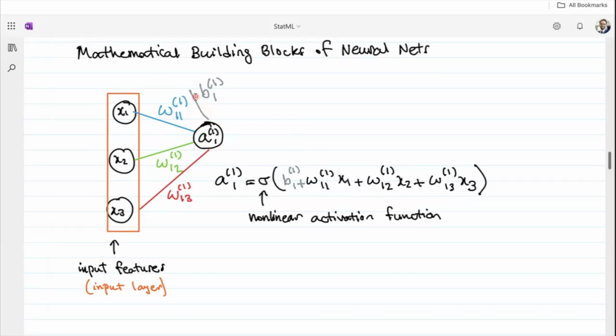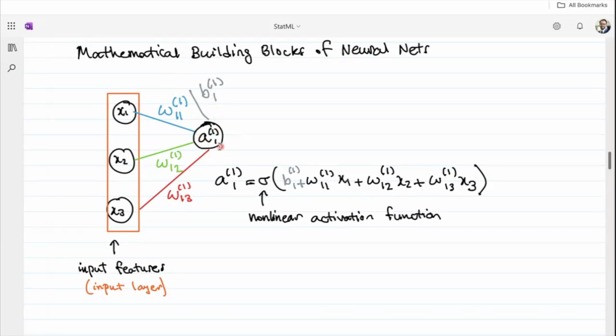You can think of this as having an extra neuron which is always 1, connected to this one. Therefore, we don't need two indices here, because this is not coming from the actual input features. It comes from a fixed or constant neuron, which is always 1. So 1 times B11 is just B11.